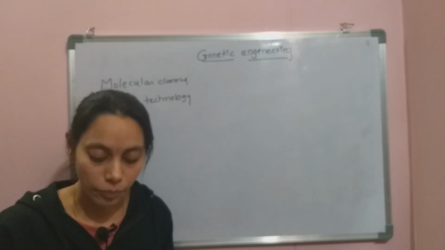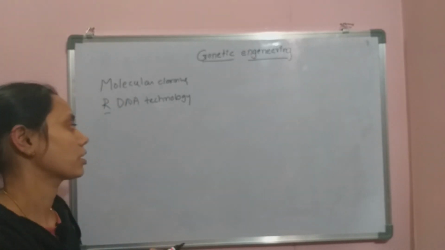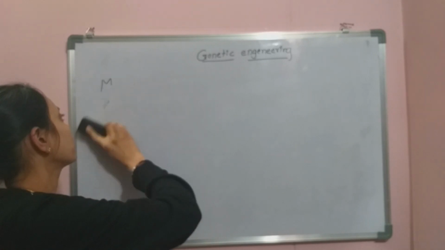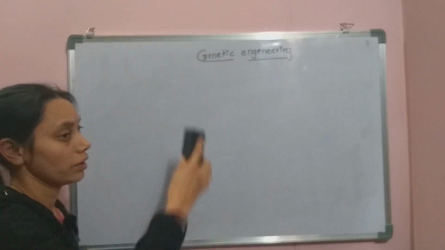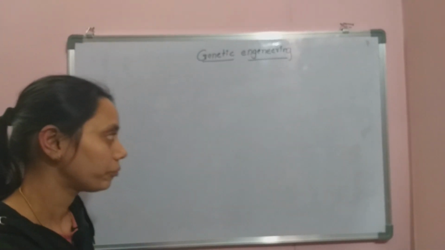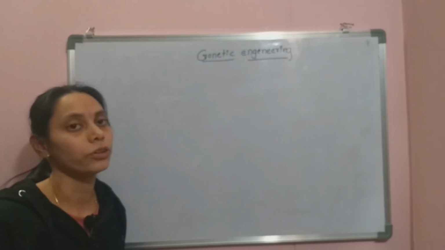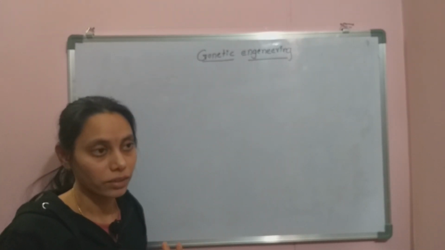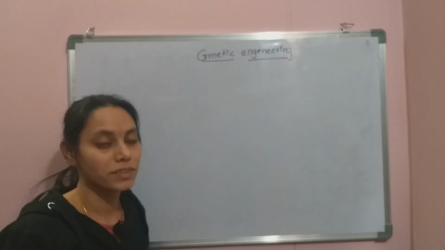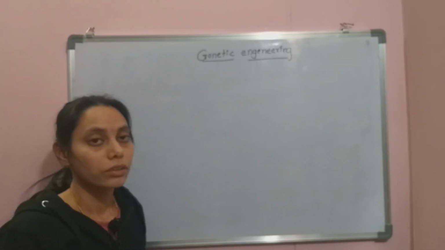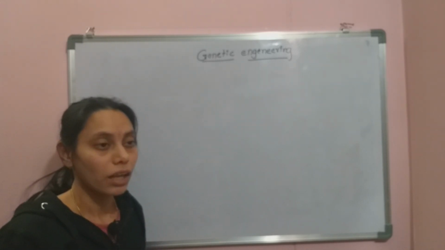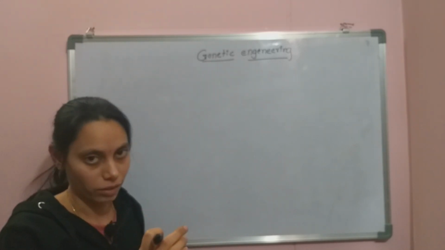Coming to the basic applications of genetic engineering, it has many applications in different fields. In the medical field, it is very helpful to produce different vaccines and hormones. Insulin is the best example, which is generally produced on a large scale in a simple bacteria.